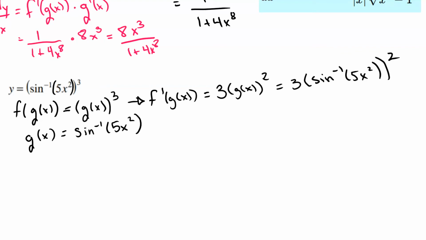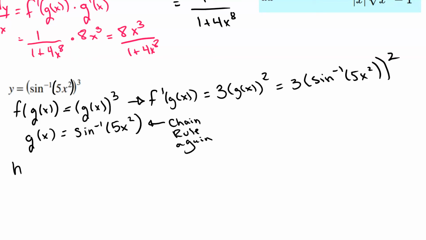Now when we look at the derivative of g, we've got an inside and an outside function again. So rather than use f and g again, I'm just going to switch to a different notation. Let's use h and k. I'm just going to write here, we have to do the chain rule again.